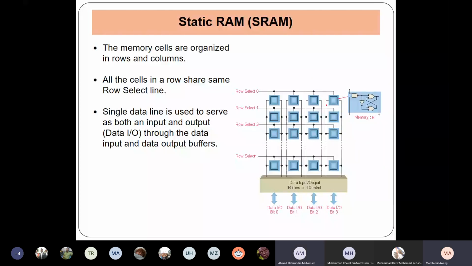What you are learning is only one cell of that memory. We are learning only the behavior of that one cell and duplicating that 8 tera times.